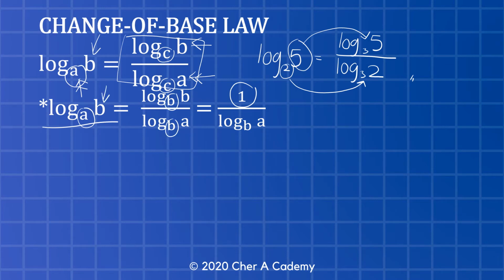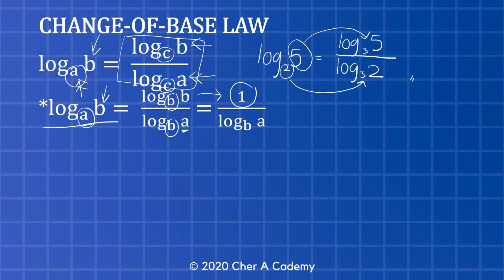So log base b of b will give me 1, and then log base b of a, which is the a from here, will be at the bottom. So instead of having a log over another log, I will have 1 over log base b of a.